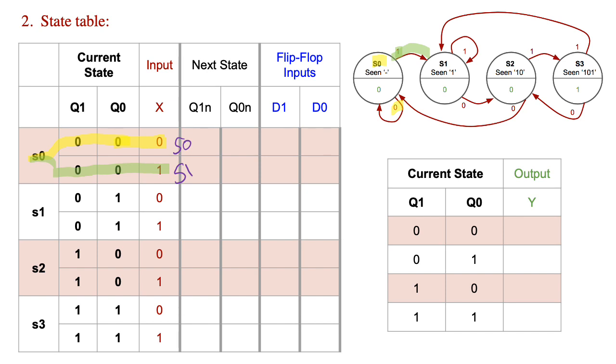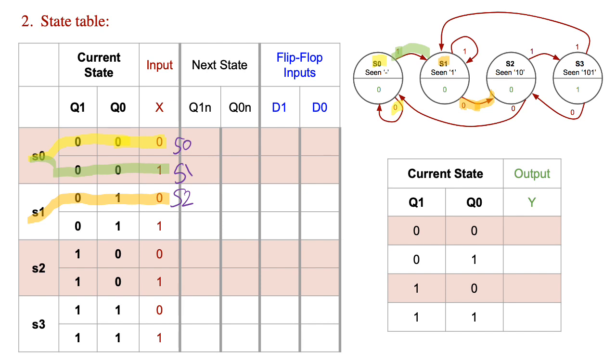Moving on in the table, currently we are in state 1 and the input we receive is 0, so X is equal to 0. That means we're going to go to state 2. So I will write S2 here.